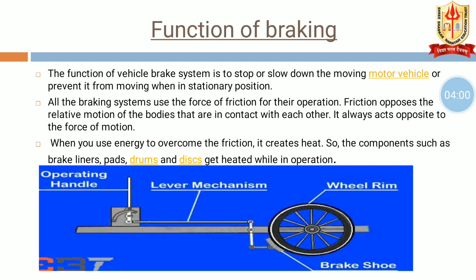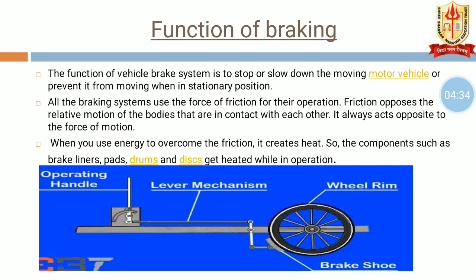When you use energy to overcome the friction, it creates heat, so the components such as brake liners, pad, drum, and disc get heated while in operation. We know that when the surfaces of two different bodies are in contact, there will be frictional force between them, in the opposite direction of the relative motion of those bodies.